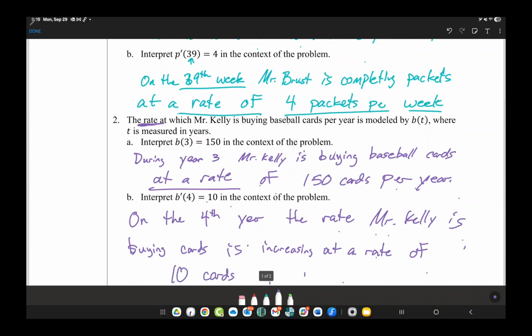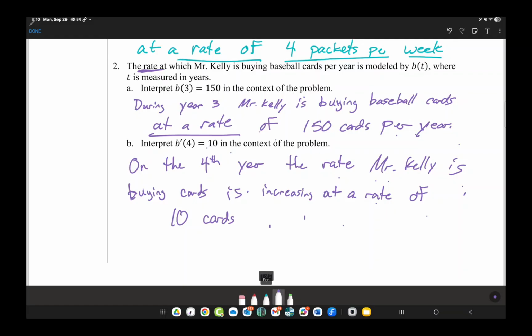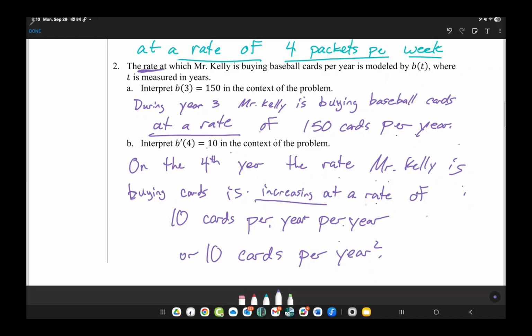Now, you could write this one of two ways. You can either say per year, or you can say 10 cards per year squared. But in this case, increasing rate, again, you have to have rate here as well. And again, either one of these two.